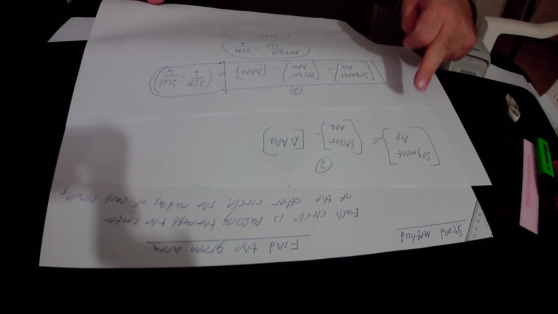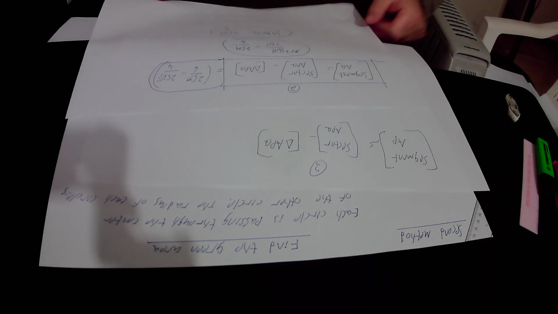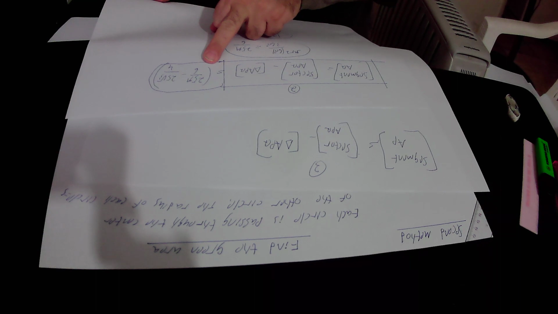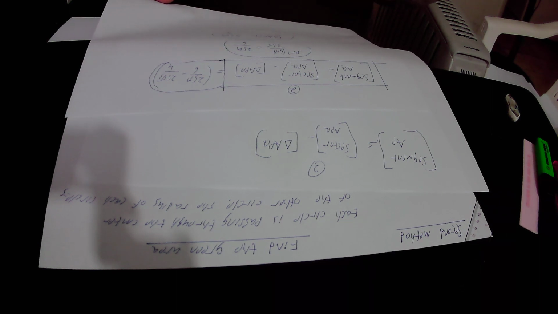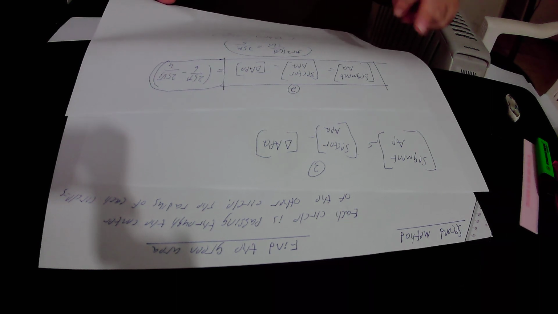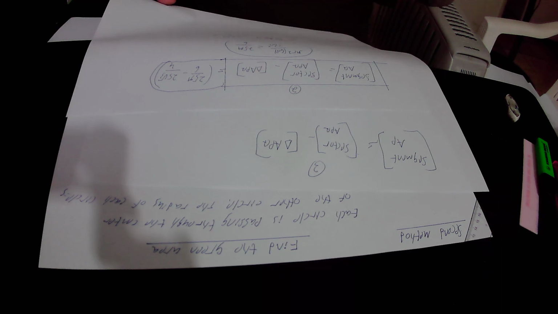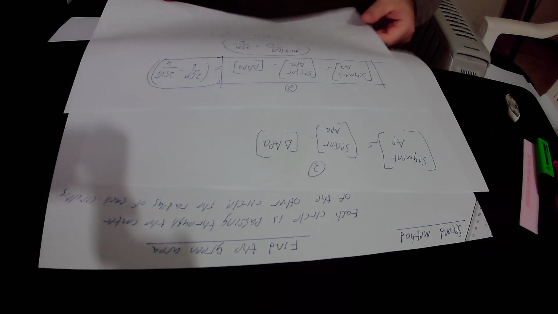Segment AQ and segment AP equal 25 pi over 6 minus 25 times root of 3 over 4. They are equal.